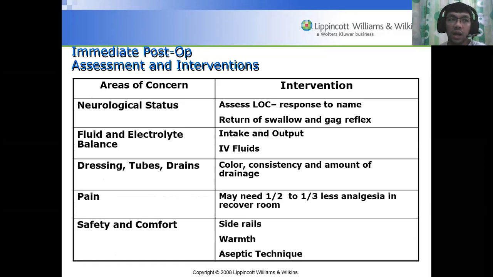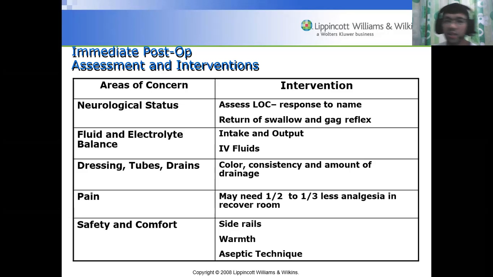When are we allowed to feed the patient again post-op? Once the gag or the swallowing reflex is present. How do we elicit this? We elicit this by using the tongue depressor. So we depress the posterior portion of the tongue, and if the patient gags, that's the time the patient is allowed to be fed.